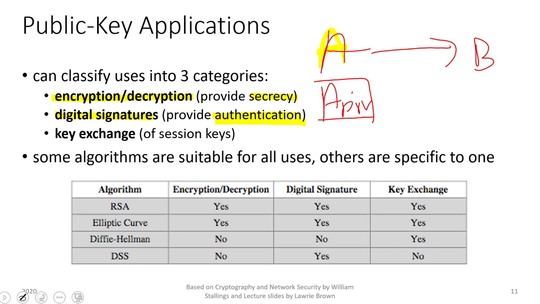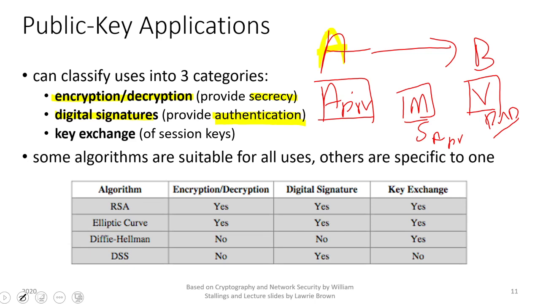So if the message is signed with A's private key, then we know only A could have done that. And at B, they can verify this using the public key. So that is the basic idea behind digital signatures, but we will look at that later.